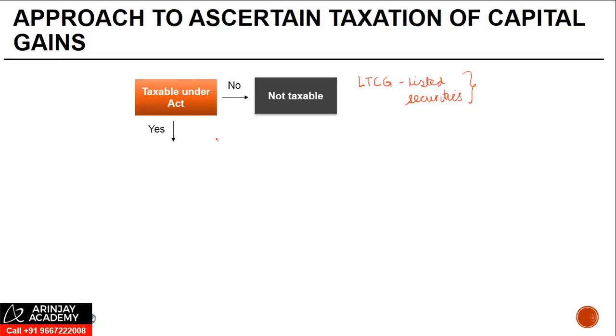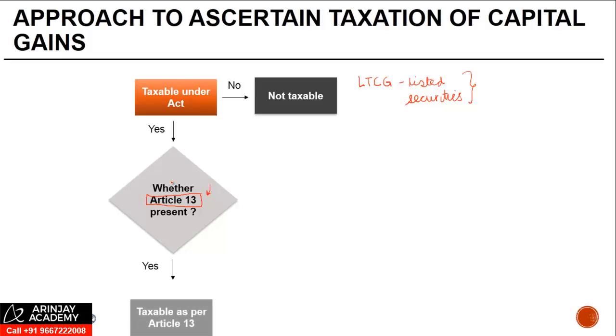But if the item of income is taxable under the Income Tax Act, then I need to see whether Article 13, or any other article which might be renumbered as such but with the title capital gain, is present or not. If it is present, then I need to see the taxability as per Article 13.